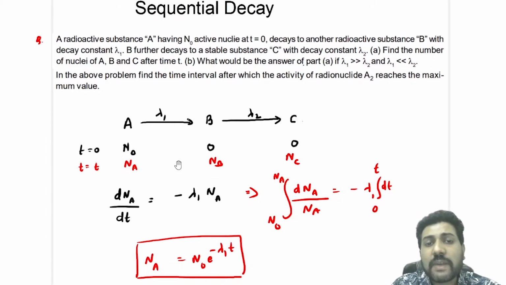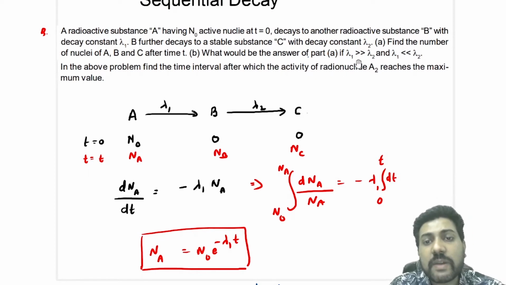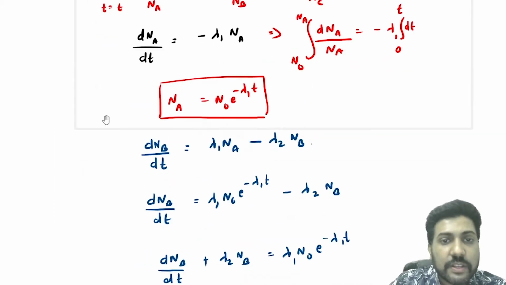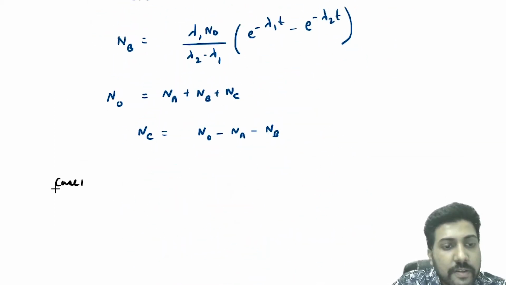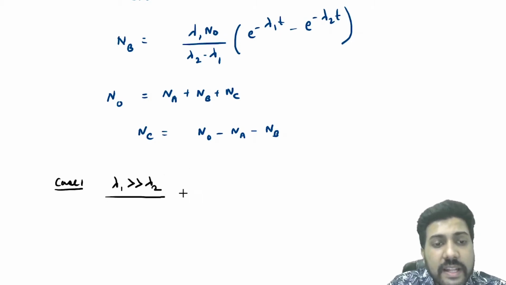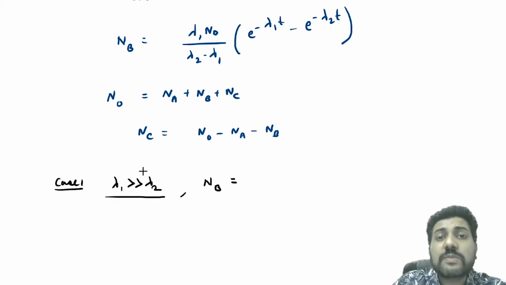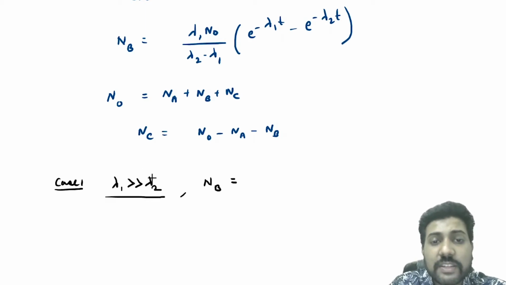Now the second part of the question is, what would be the answer of part A if lambda 1 is greater than lambda 2, and lambda 1 is less than lambda 2. So case 1, lambda 1 is greater than lambda 2. In that case Nb will be how much? Lambda 1 is much larger than lambda 2. We will assume that lambda 2 is very small and lambda 1 is very large compared to lambda 2.